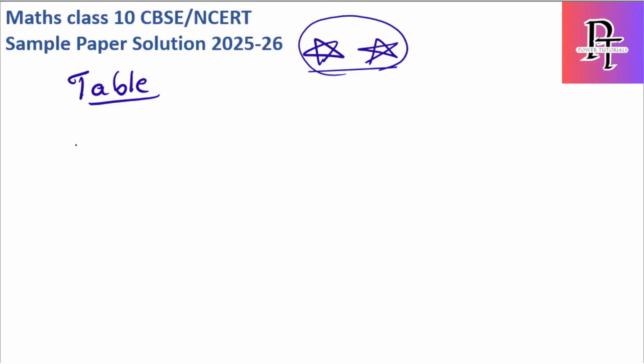As I told you, a total of 6 trigonometry ratios are there, which are sine, cos, tan, cosecant, secant and cot.